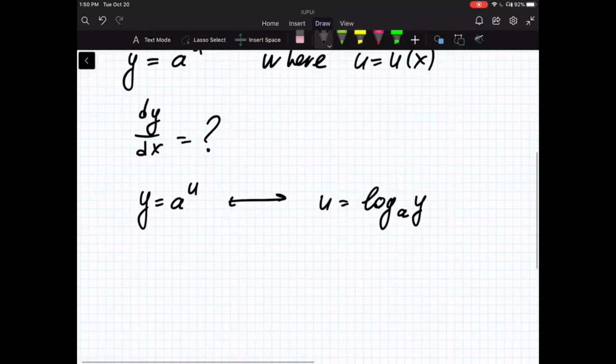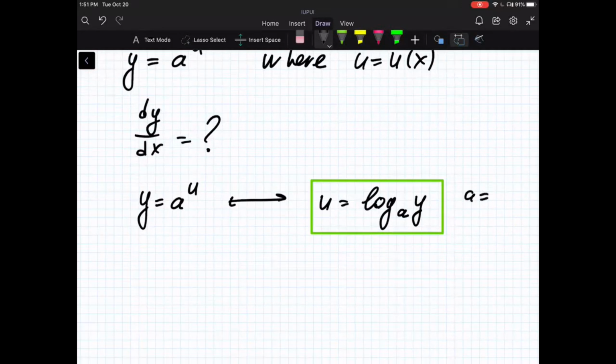And let's differentiate this equation, because we know how to differentiate the logarithms. Again, a shouldn't be 1 and should be positive. Otherwise, the exponential function is not interesting and the logarithm is not defined.